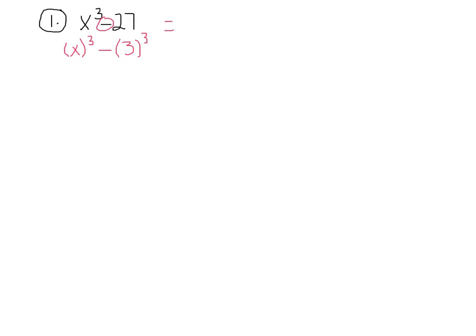So if you remember your SOAP, the first binomial is going to be the same sign, so x minus 3. We're just taking what is cubed here and what is cubed here, using the same sign. And then we're going to square the first one, so that would be x squared. I'm going to go ahead and fill in the last one.